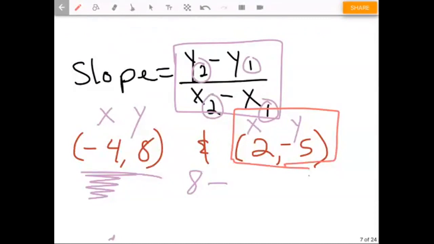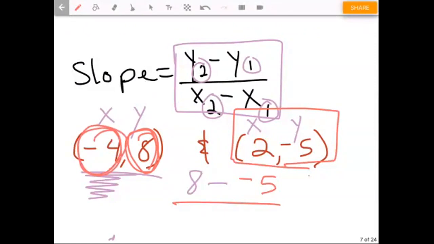So 2 or -5, which one's the y value? -5. See how I started with this y on top? That means I have to start with this x on the bottom. So I'd have -4 minus the x value from the other point, 2.